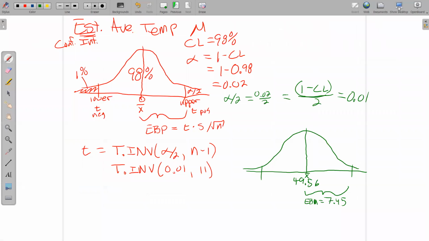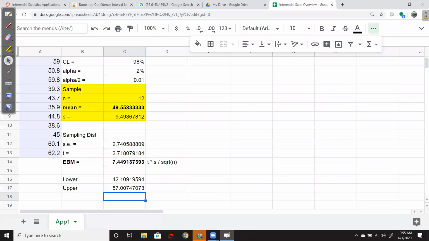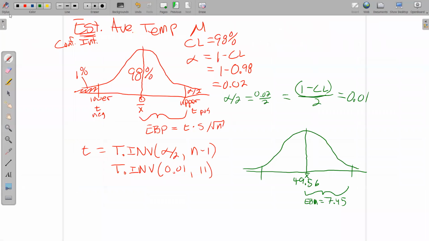Let me get that right in my head again. 42.57, okay. .11, 57.01. So that's my confidence interval.